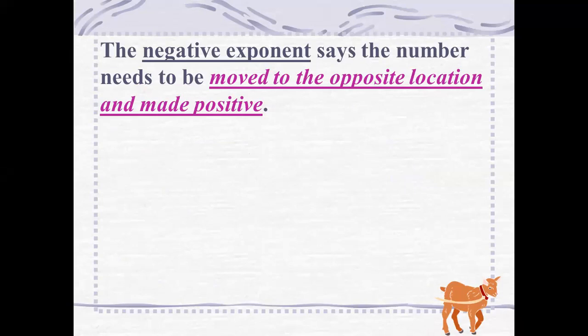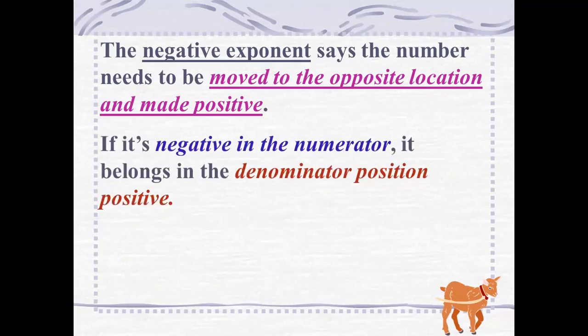Okay, so that is what we did. The negative exponent, we moved that one to the opposite location and made it positive. Okay, and then you continue.